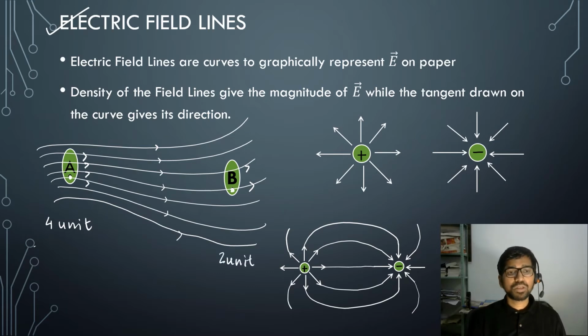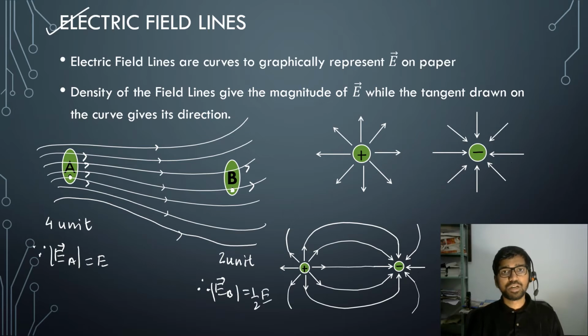That means if you say that the magnitude of electric field at point A is E, then you can safely say that the magnitude of electric field at point B will be half of it. That is, the magnitude of electric field is proportional to the density of electric field lines. And that's how we get the magnitude.